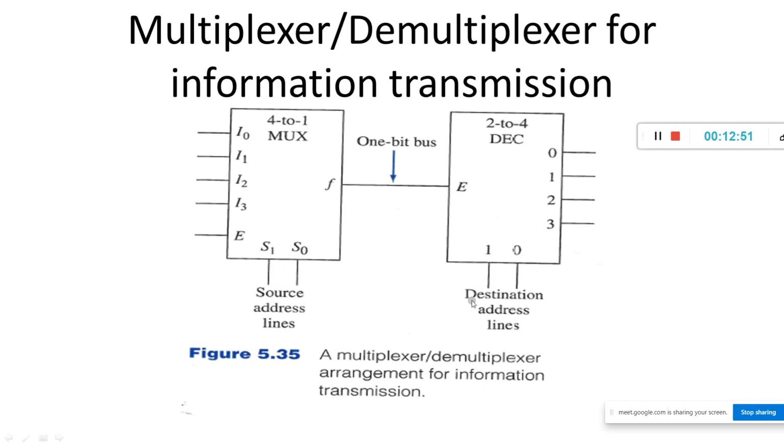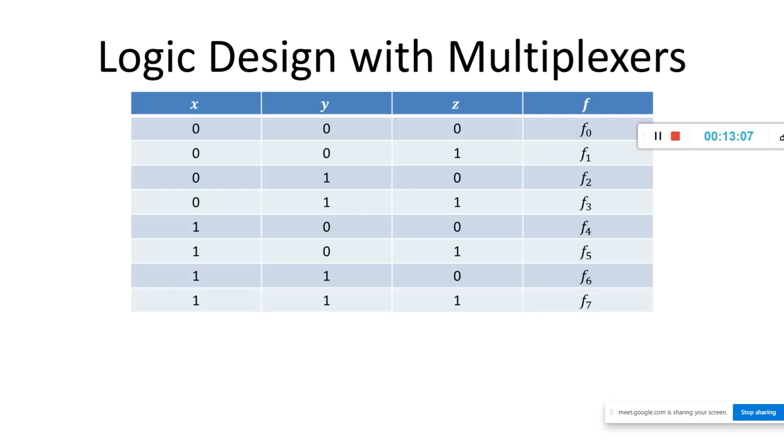So depending on the destination address line, the data is transferred to one of the destination output lines. So this is the multiplexer demultiplexer arrangement for transmitting the information. This is one of the applications.